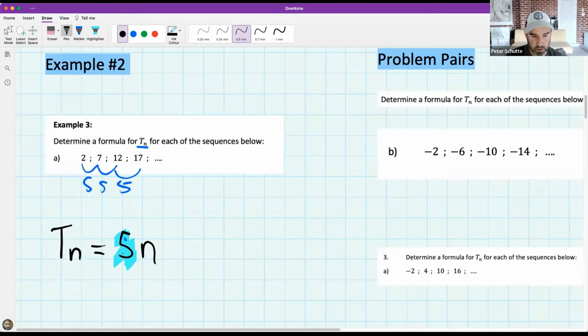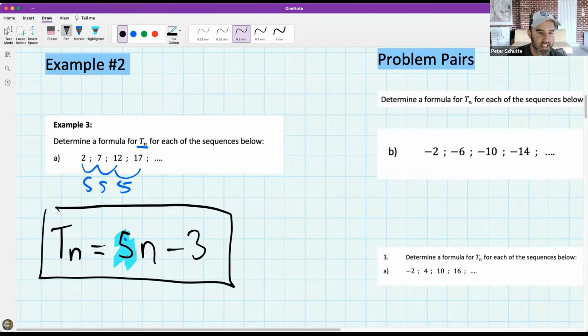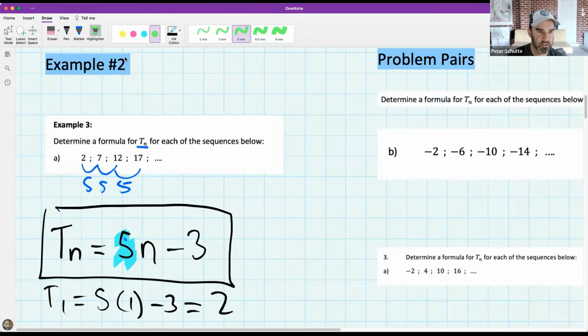At the moment, my first term, if I put n as 1n, would be 5. And so 5 is 3 bigger than 2. And so my formula would be Tn equals 5n minus 3. I can test this to see if it works. And the good news is it is working, because we can see the 2 there and the 2 there.